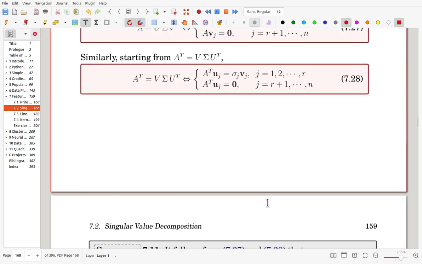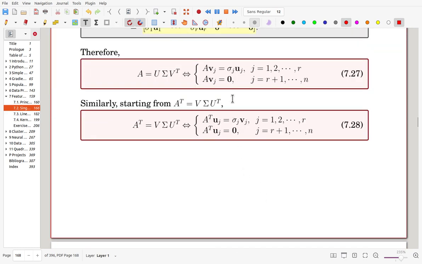Okay. From these two equations, A Vj equals sigma j Uj and A transpose Uj equals sigma j Vj, we can have some meaningful equation. Now we apply A transpose to that one. Then A transpose A Vj equals sigma j A transpose Uj.